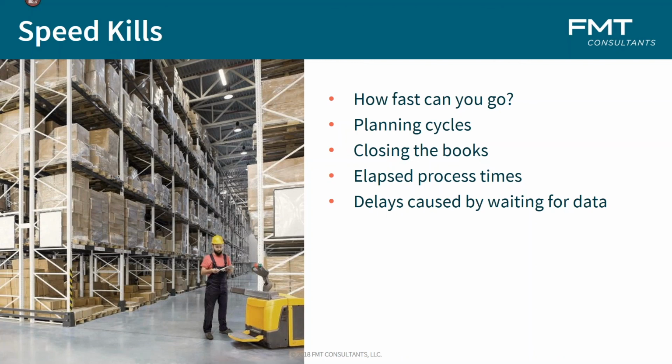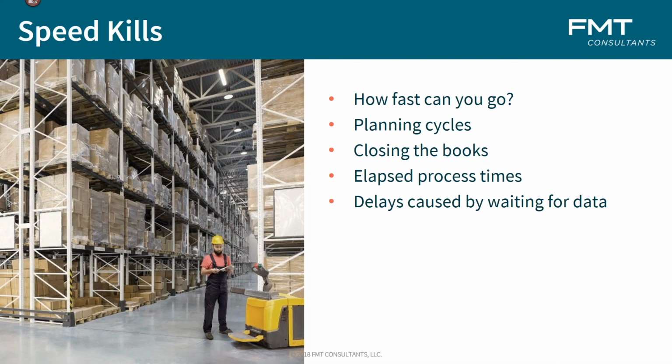How fast you can go is dependent on the quality of the data, fueling useful information, creating informed decisions so that you can move quickly through planning cycles so you can close the books. You look at elapsed process times. There's a lot of metrics in here. They're your metrics. Are there delays caused by waiting for data?